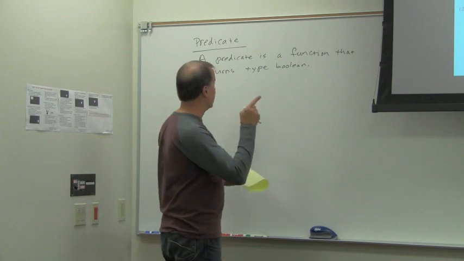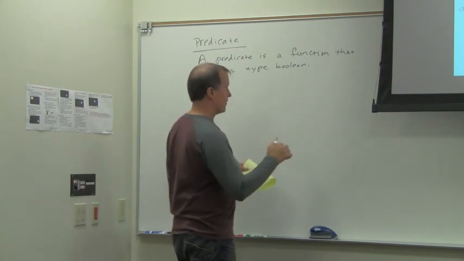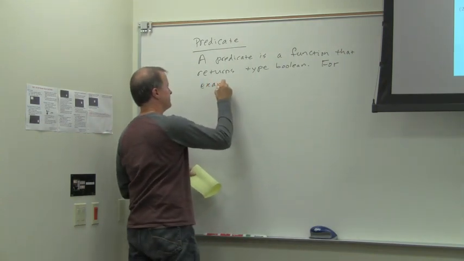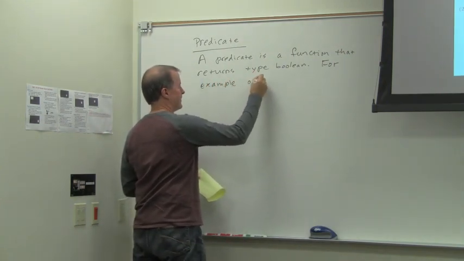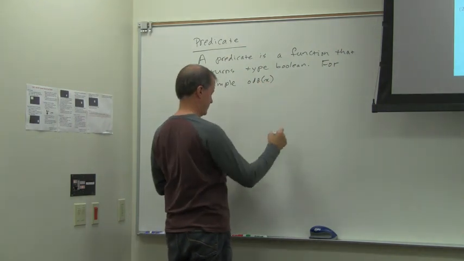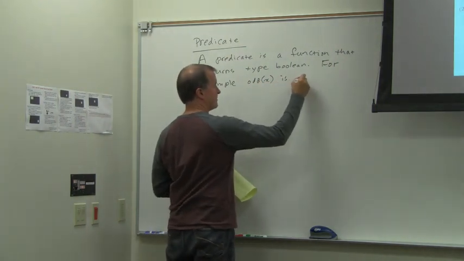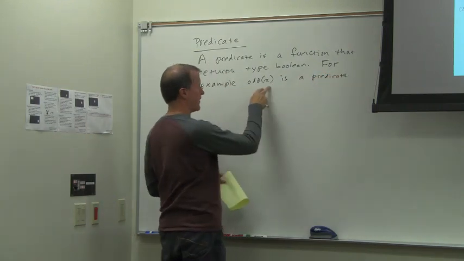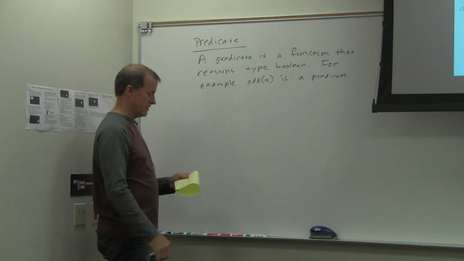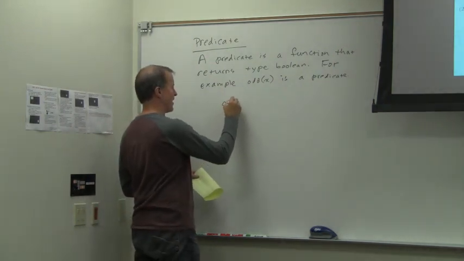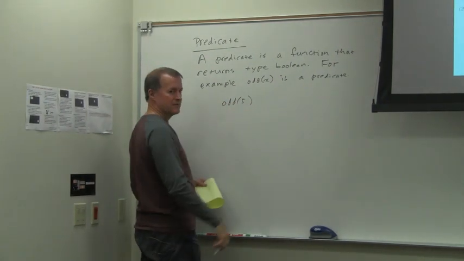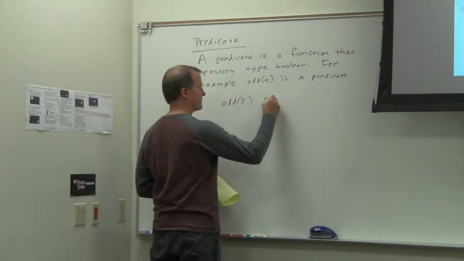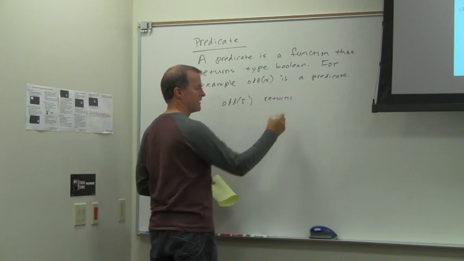Okay. Let me give you an example. For example, odd x is a predicate. This is a function that returns type Boolean, right? So if you say odd 5, what does that return? True. What does odd mean?